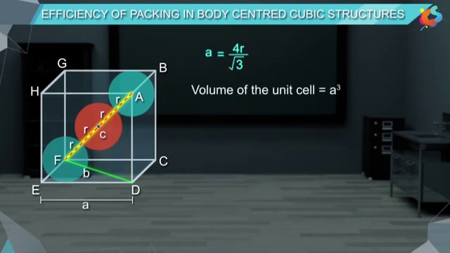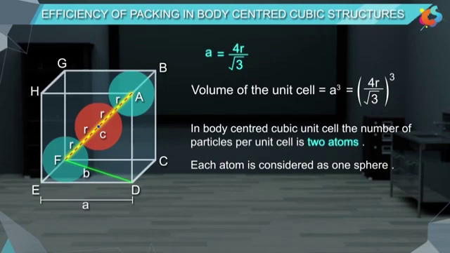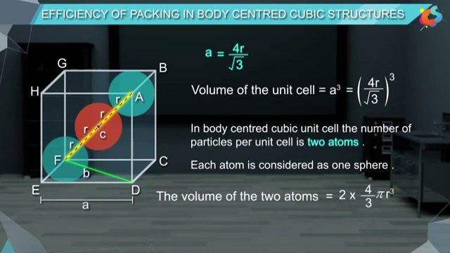Volume of the unit cell is equal to a cube, which is equal to 4r by square root of 3 raised to whole cube. In body-centered cubic unit cell, the number of particles per unit cell is 2 atoms. Each atom is considered as one sphere. The volume of 2 atoms is equal to 2 into 4 by 3 pi r cube, which is equal to 8 by 3 pi r cube.